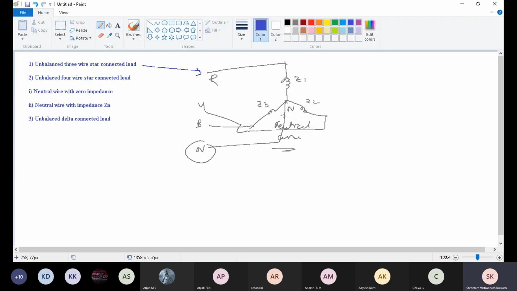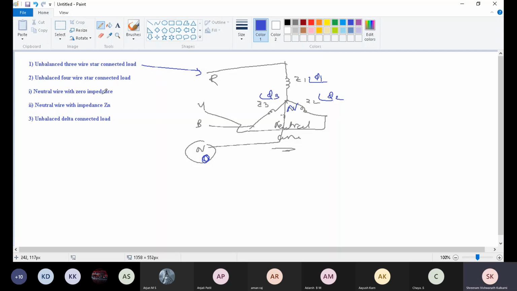This one I can mark as O. Generally in all the textbooks they mark this neutral wire as O, this as N. This is an unbalanced four-wire star connected load, where unbalanced means phi 1, phi 2, phi 3.